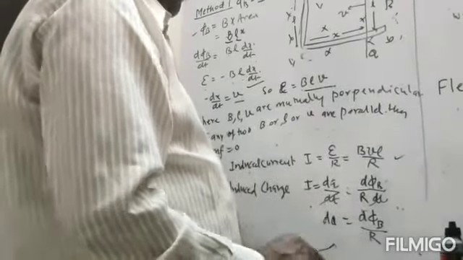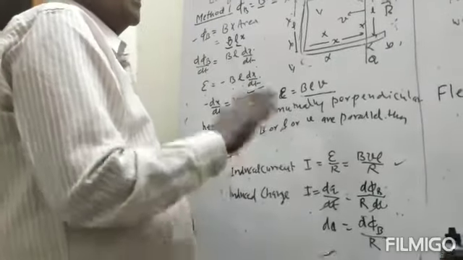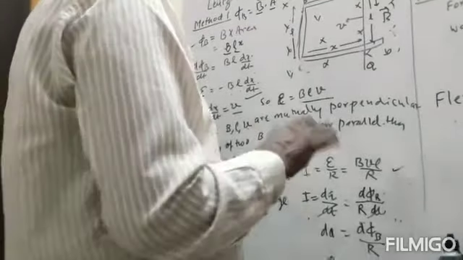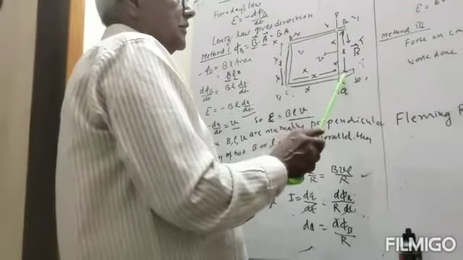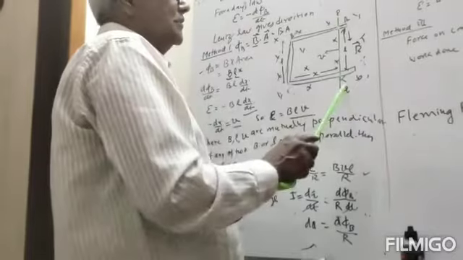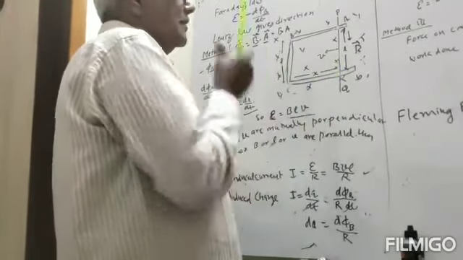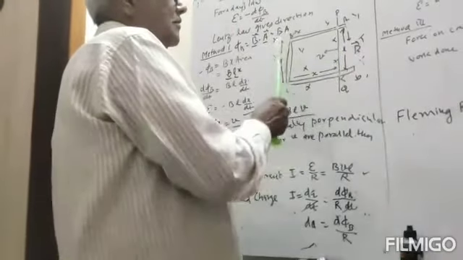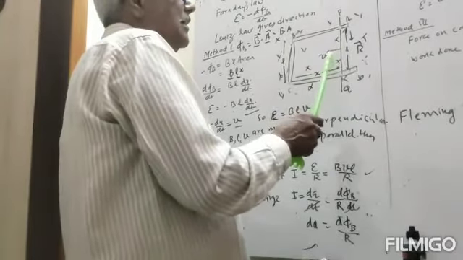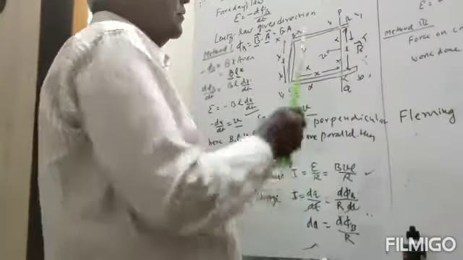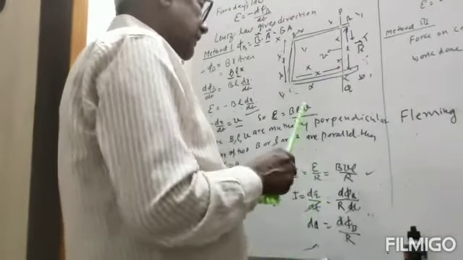So this is the first method by which we can find the motional EMF. Here we have considered a rectangular rod ABCD, which is the conductor rod, and we put a resistance wire PQ, which is very thin and it can easily move on this track, AB and CD track, and it moves with the velocity V. Then the induced EMF between P and Q will be equal to BVL.